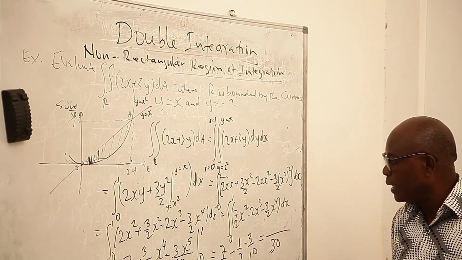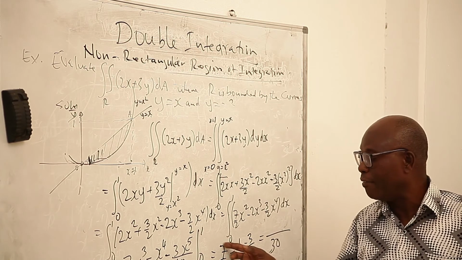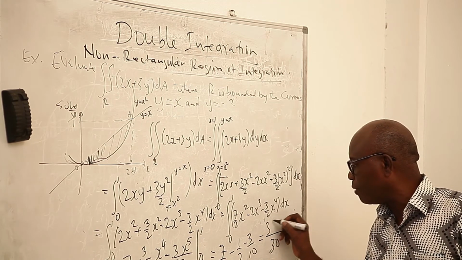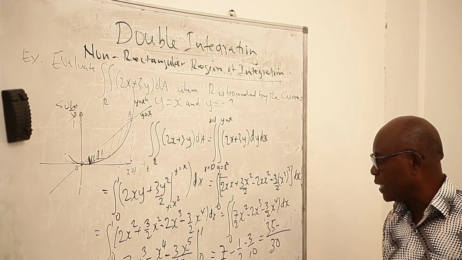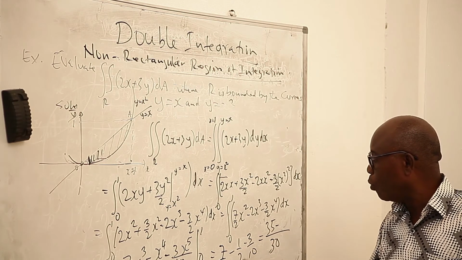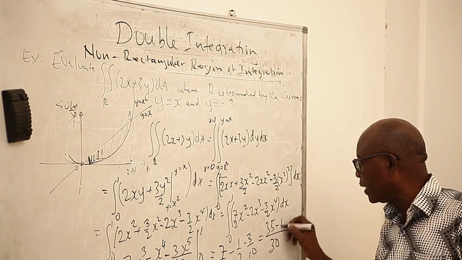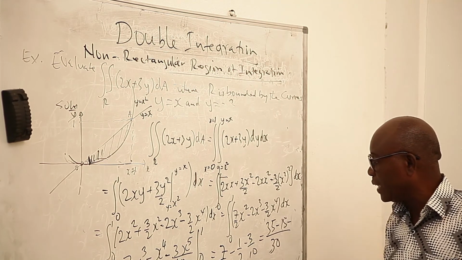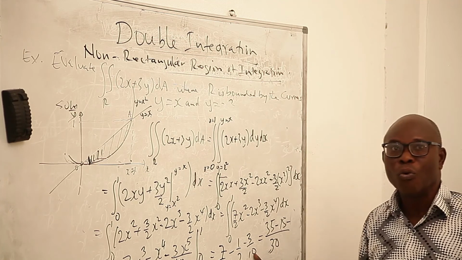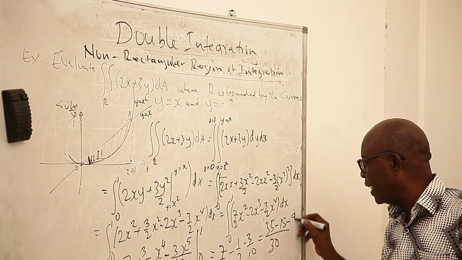And so 6 will go into 30 five times, 5 times 7 is 35, minus 2 will go into 30 fifteen times, 15 times 1 is 15, minus 10 will go into 30 three times, 3 times 3 is 9.